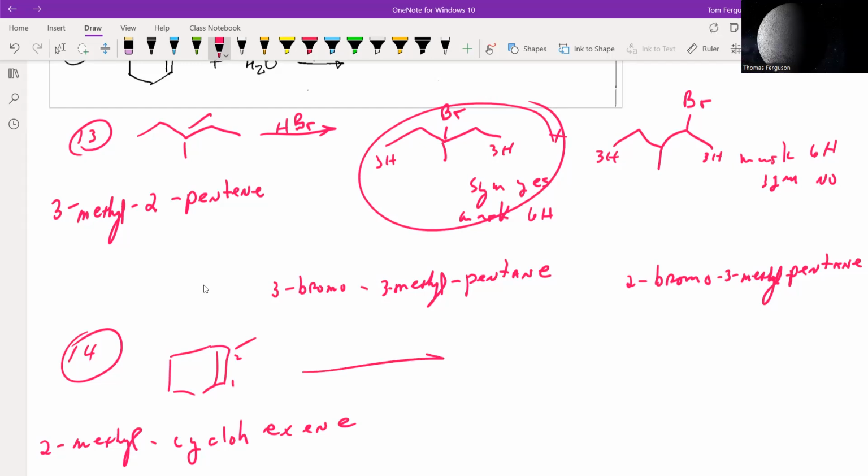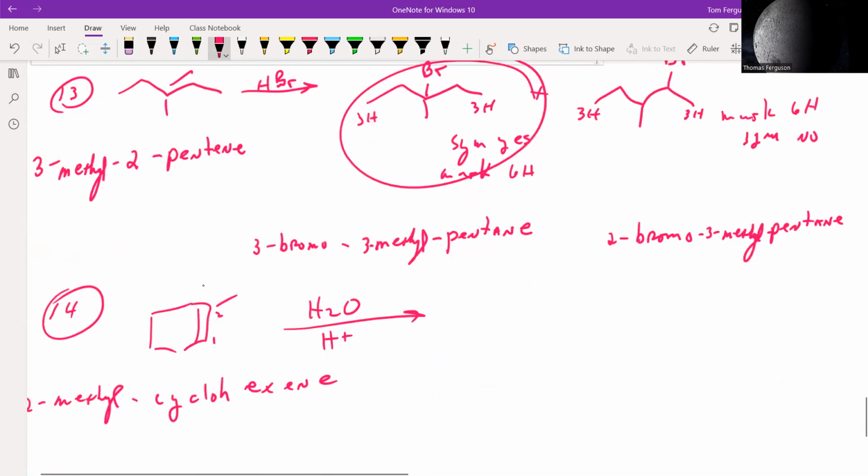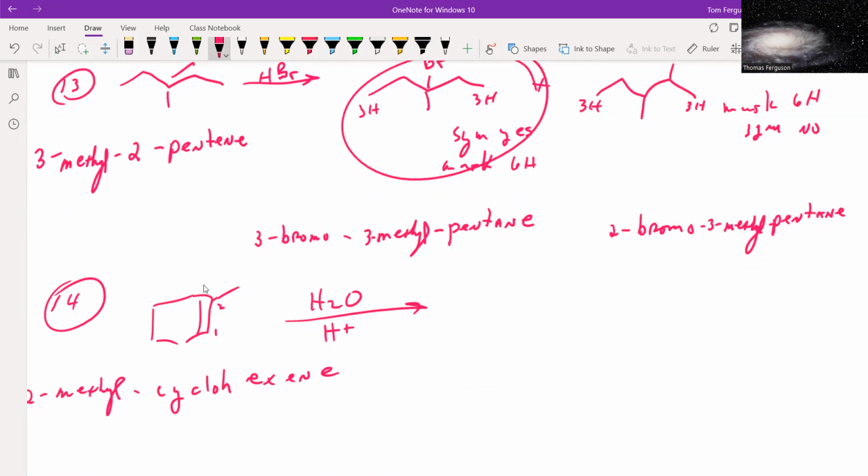Okay. Throw in some water and some acid. So the water is going to add half the time one way, half the time the other way. So we're going to get a mix.